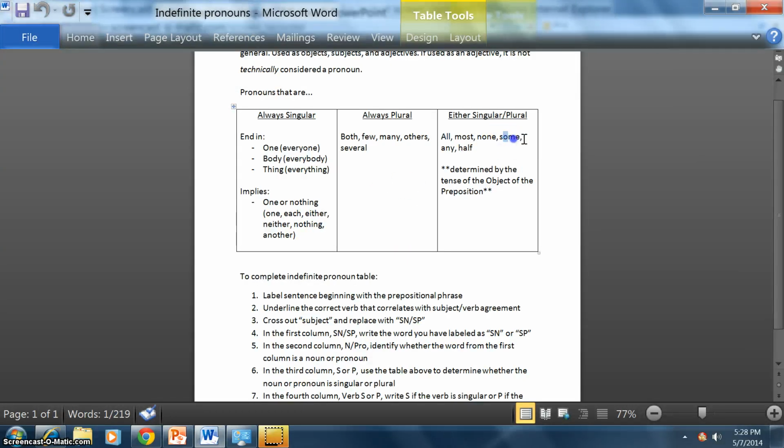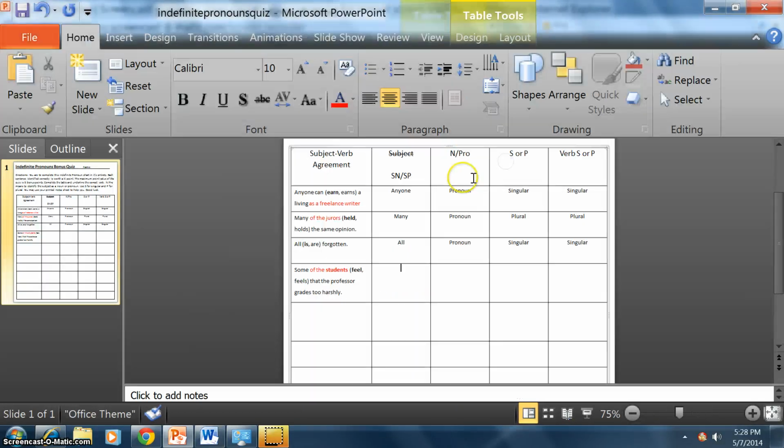I see the word some in either singular or plural, so I'm just going to pop in the word some here. It is a pronoun, and because of the word students here, the S suggests that it is plural, so I'm going to write plural and plural. Now notice that right now we only have pronouns in here.